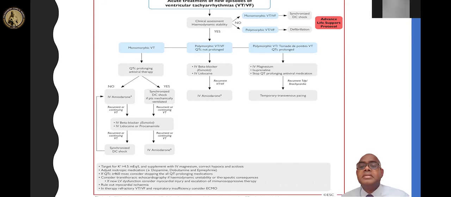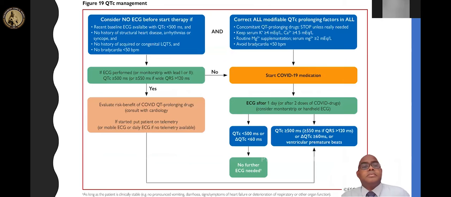Sometimes recurrent bradycardia may need temporary transvenous pacing. So this is a bit of a note about long QT. And the take-home message is, if the QT is less than 500, you don't have to worry much.